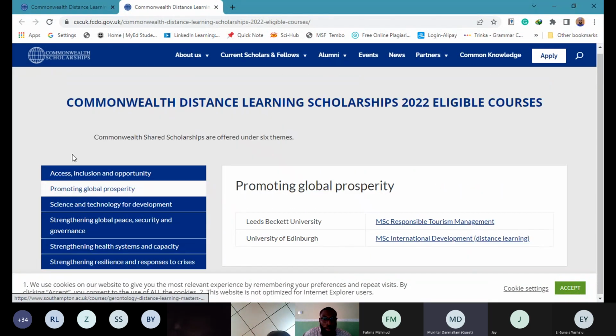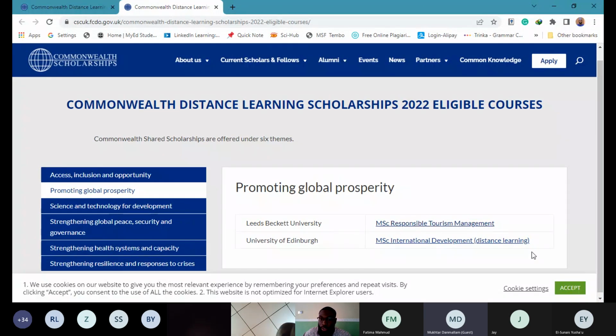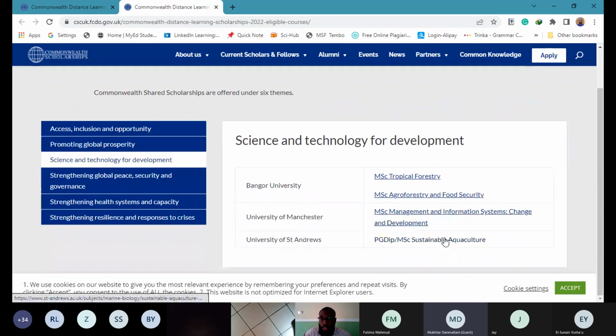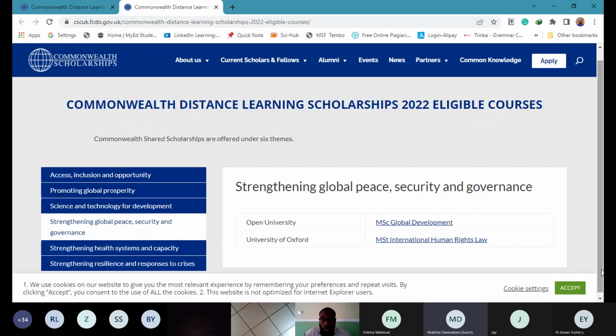And promoting global prosperity, we have Responsible Tourism Management, International Development, that's the distance learning. We have Science and Technology for Development, we have Tropical Forestry, and so on and so forth. Like this also for global peace, we have global development, international human rights law.